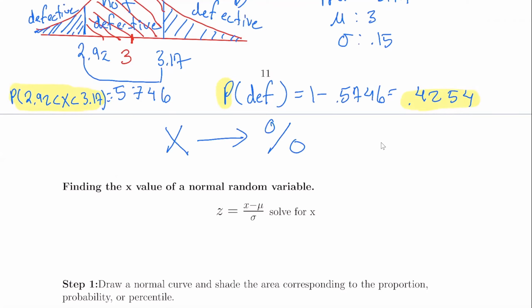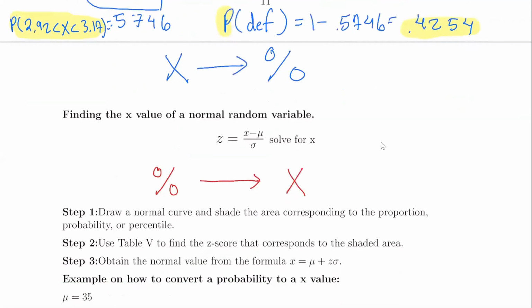We're going to start off with a percentage, and we want to convert that percentage into an x value. For this one, it could be different, because it's not going to ask you to find the probability. They're actually going to give you the probability of that event occurring, but they're not going to give you the x value. So we're going to have to find the x value. That's what we're going to be working on next.